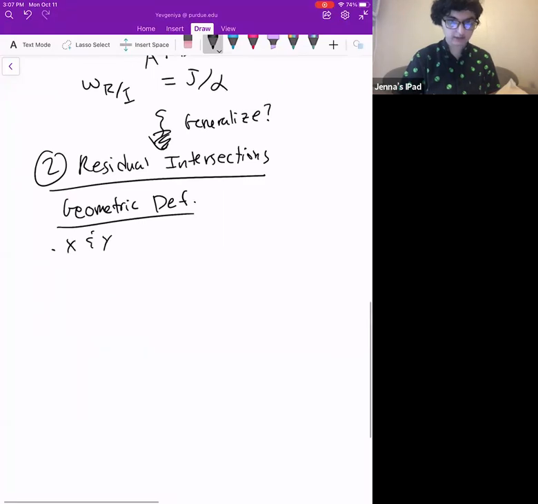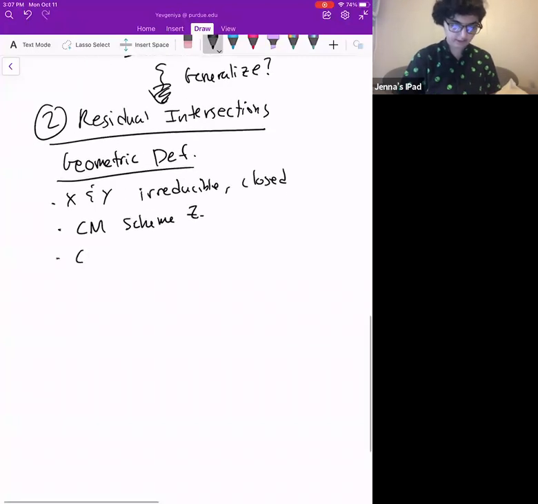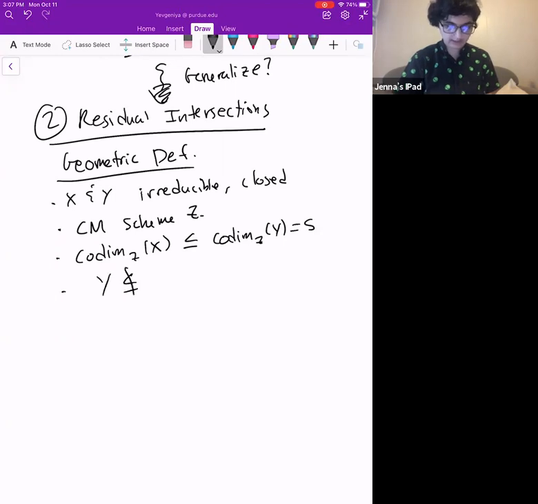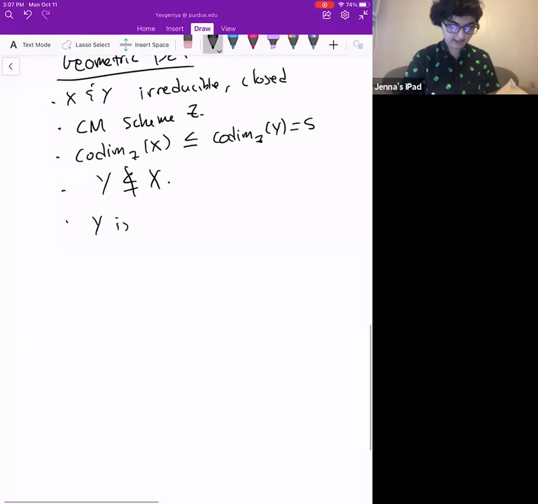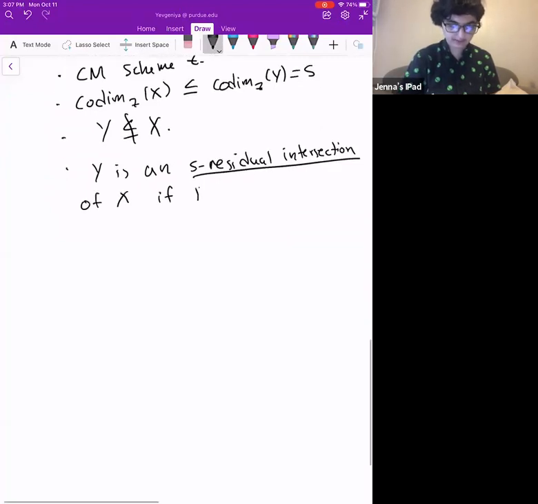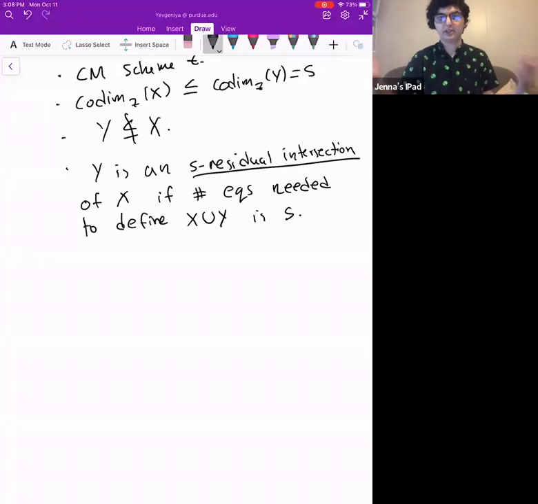So if X and Y are irreducible, closed subschemes of a Cohen-Macaulay scheme Z, and if the codimension of X is less than or equal to the codimension of Y, which is equal to s, and Y is not contained in X, then we can say that Y is an s residual intersection of X if the number of equations needed to define the union of X and Y as a subscheme of Z is s. And note that this is the smallest possible number of equations.